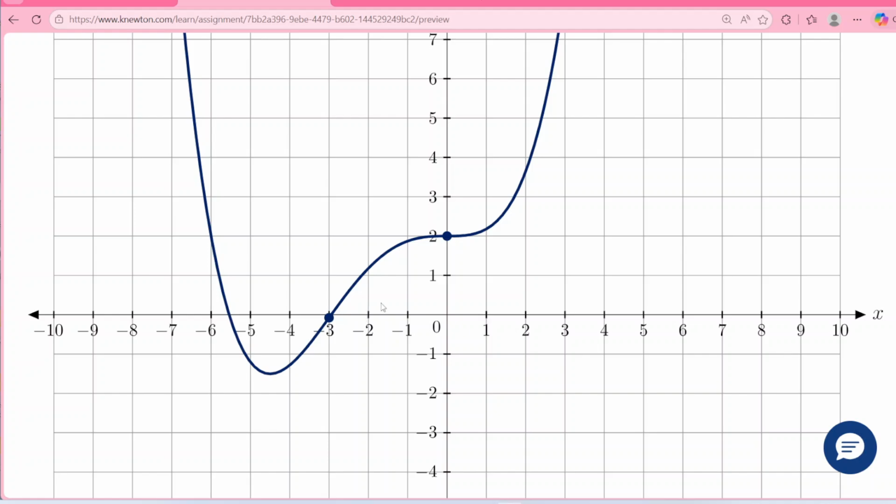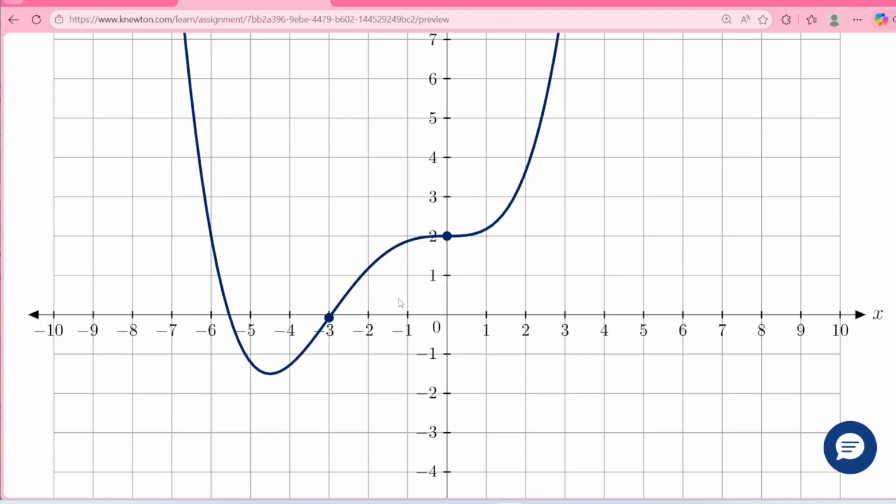And then from this point here to this point here, so from -3, 0 to 0, 2, now it's changed concavity. The way it's curling is curling downward. This piece of curve is part of a bowl that would be dumping water. So the value of the second derivative would be negative from -3 to 0, right? Your intervals on the x-axis. And then to the right of this point 0, 2, to the right of 0, we're back to holding water, back to concave up, positive second derivative.